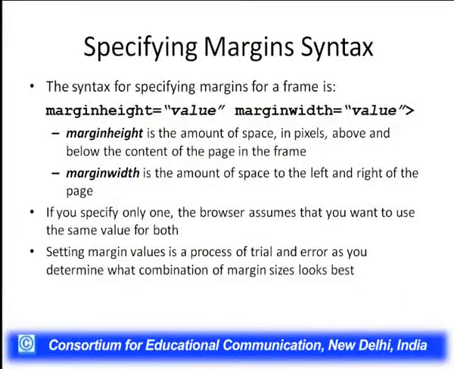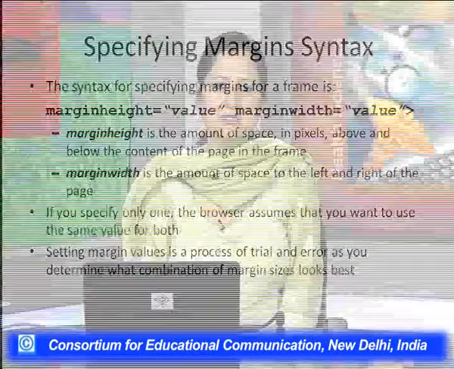If you specify only one, the browser assumes that you want to use the same value for both. Setting the margin values is a process of trial and error as you determine what combination of margin size looks best. So, you try and then you get to know the best margin size that you want. We will see how you actually specify the margin width and the margin height.